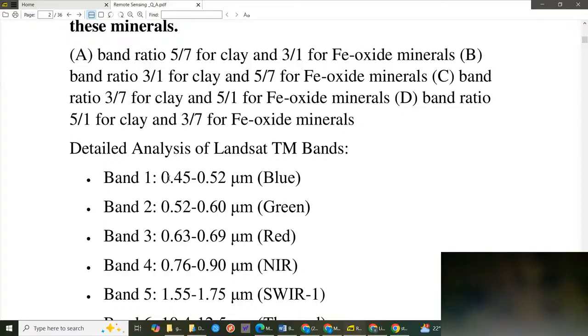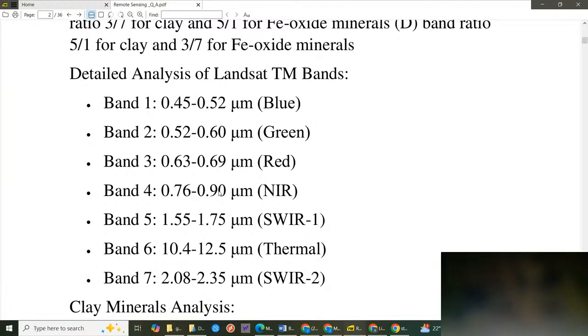Band 4 is 0.76 to 0.9 micrometer, near infrared. Band 5 is 1.55 to 1.75 micrometer, that is shortwave infrared, and band 6 is 10.4 to 12.5 micrometer, that is thermal, and band 7 is 2.08 to 2.35 micrometer, that is shortwave infrared 2.